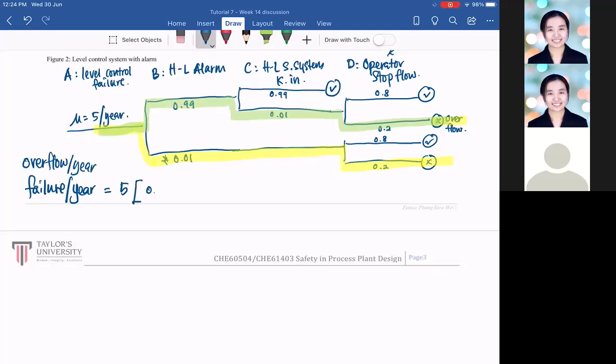Okay, and 0.99 times the 0.01, the 1% here, and also the 20% of the operator not managing to stop the flow. And also the second route is where the high level alarm failed and the operator didn't manage to stop the flow. Okay, let's calculate this.